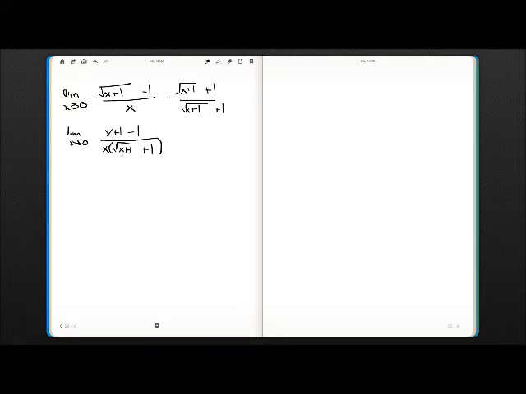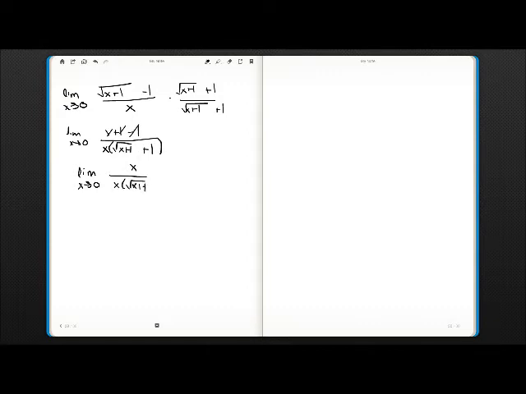Now as you can see, we can solve for the limit, because the ones cancel out, and the x's will cancel out as well, so it's x over x.